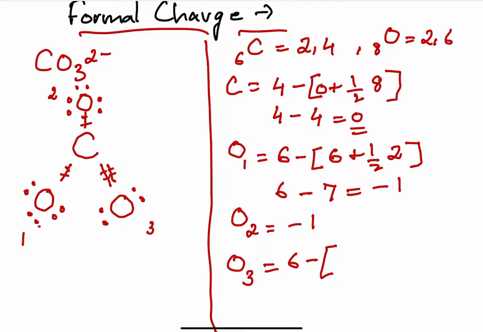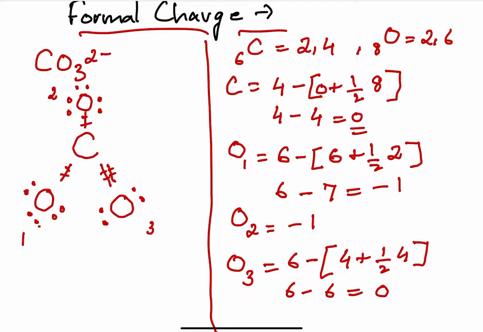How many electrons are there? 1, 2, 3, 4. 4 electrons, plus half the number of bonded or shared electrons. How many electrons is it sharing? 1, 2, 3, 4. So 4 electrons. So 6 minus 6 equals 0. So the formal charge of oxygen number 3 is 0.